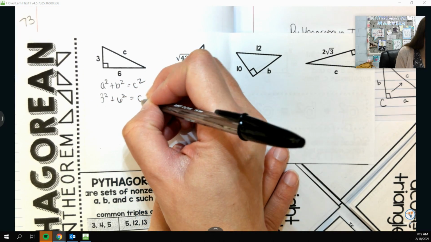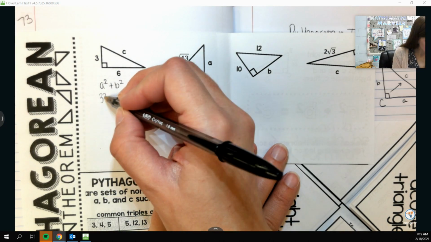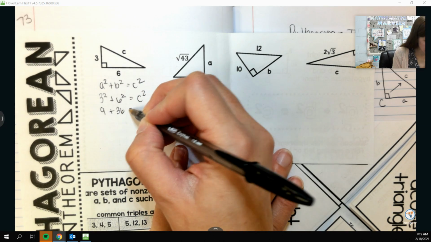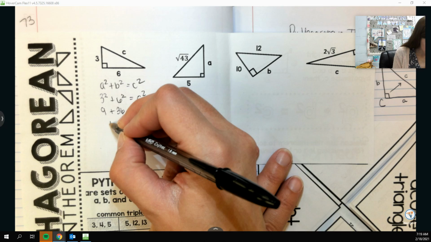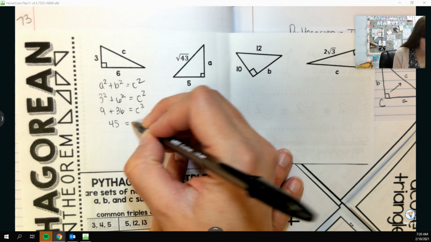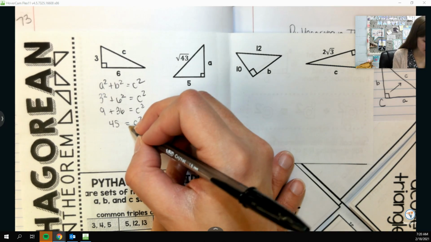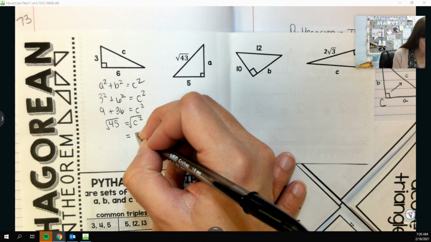And then I don't know the hypotenuse, so I'm going to leave it c squared. And then we're just going to simplify. So 3 squared is 9. 6 squared is 36. I can add these up. So we'll get 45. And then to solve for c, to figure out exactly how long it is, we'll square root both sides to get rid of that squared.